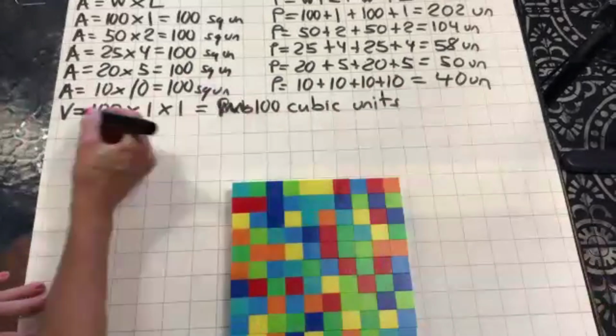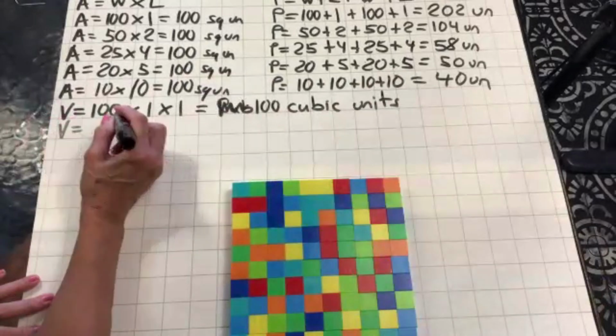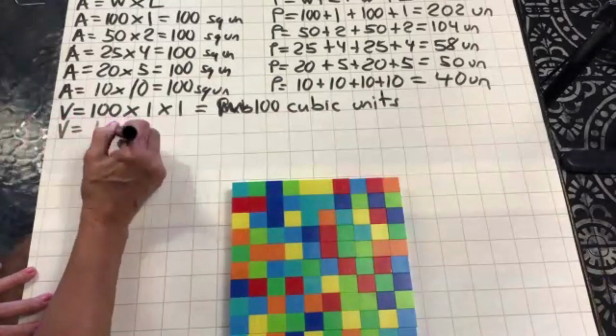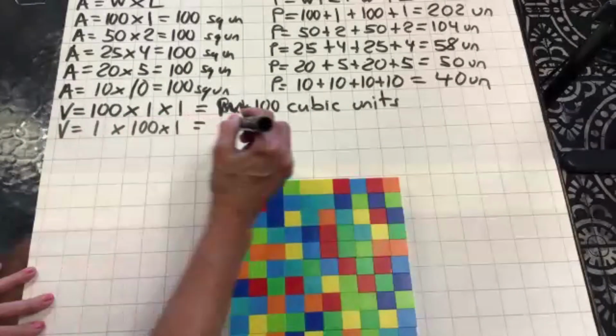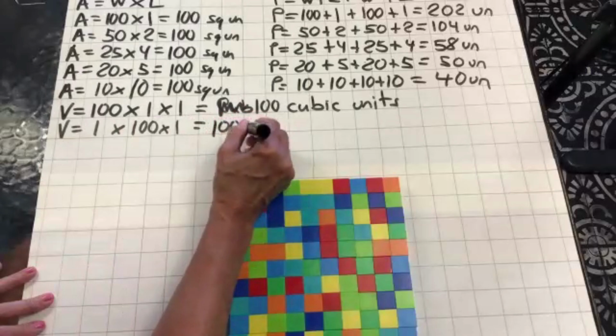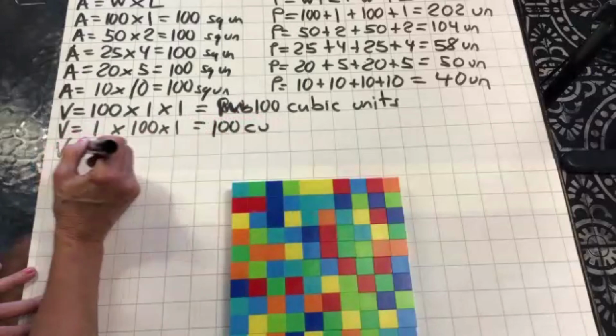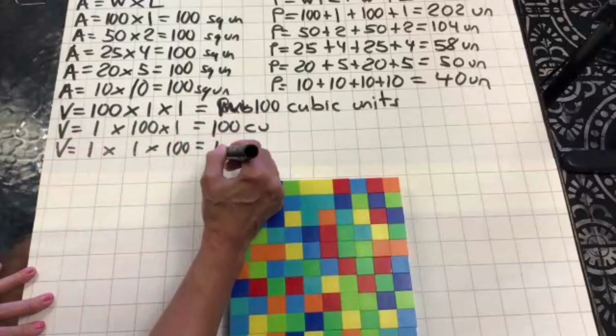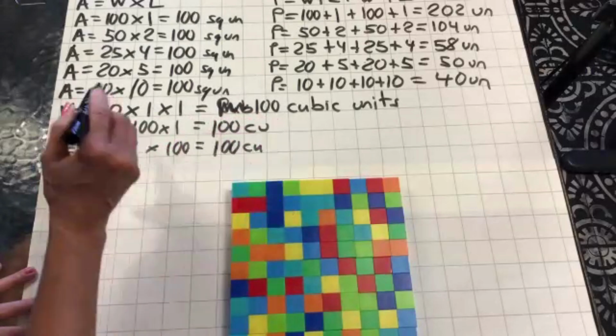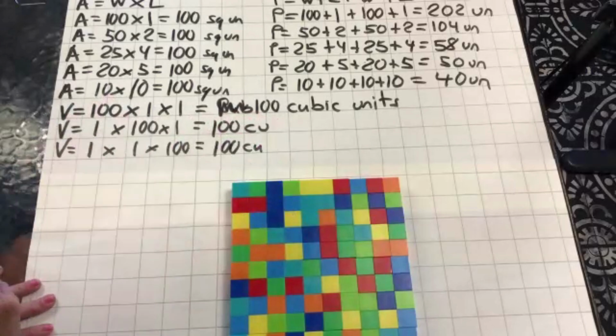So we're just going to leave this one go, but we're going to do all the different ways that you can do it. So it's a 1 by 100 by 1. We're just going to change up all the possibilities. And again, 100 cubic units. And we can do a 1 by 1 by 100. And that's all the ways we can do the one number.